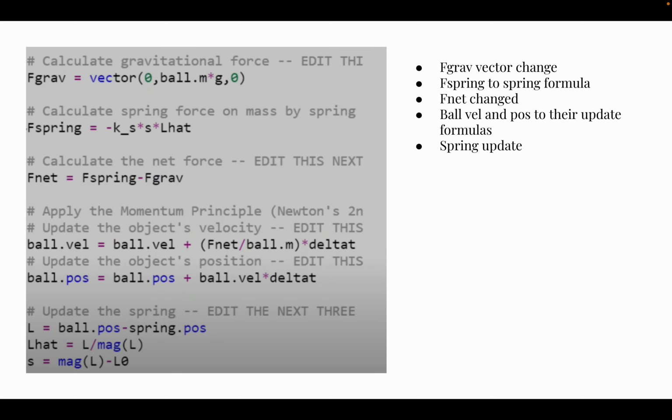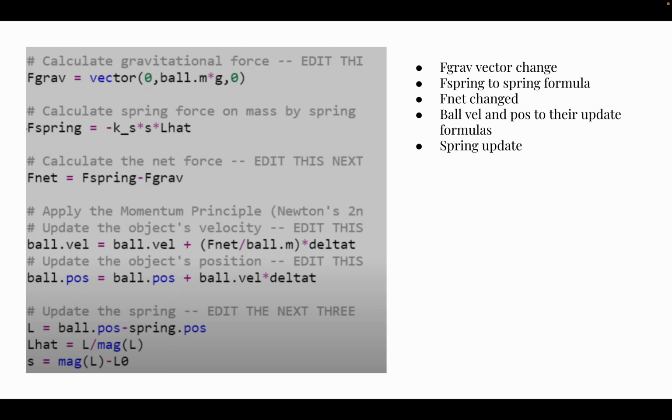For this next section, notable things would be the force of gravity on the ball, which is just going to be a change for the vector in the y direction, since gravity will only be acting in the y direction. The F spring is just being changed to the spring formula.